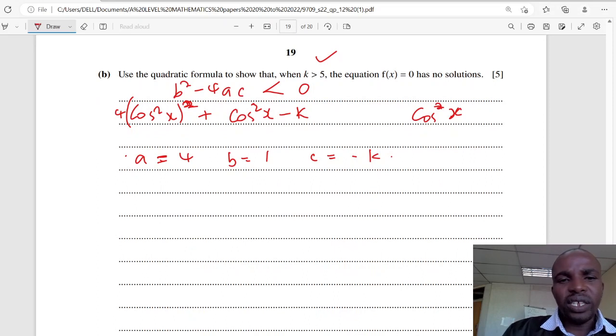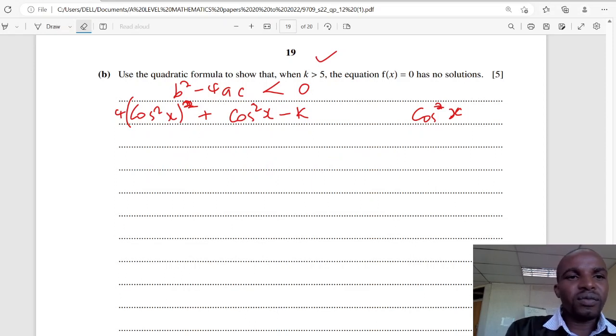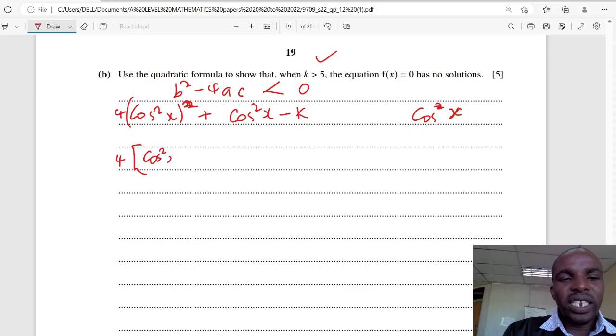Right. Then let's complete the square. I think that would be much easier. Completing the square is much easier than using this item. So you can say here, completing the square, you can factor out 4 on this part. It will be cos squared x squared, then plus 1 over 4 cos squared x, then minus k.